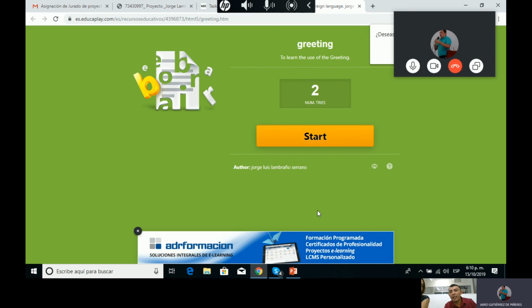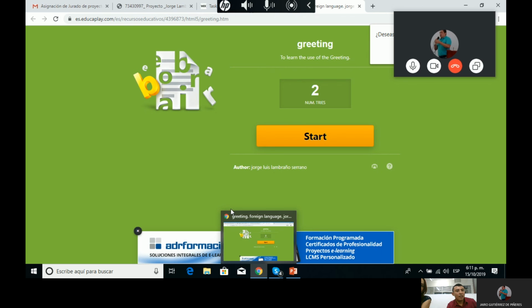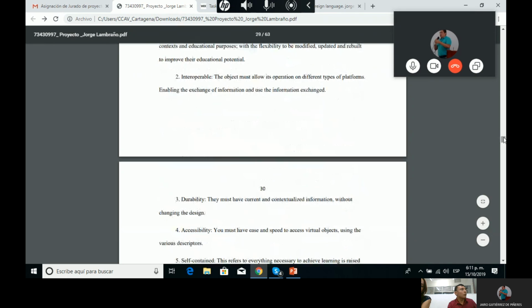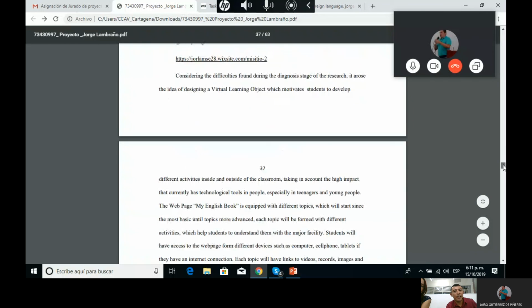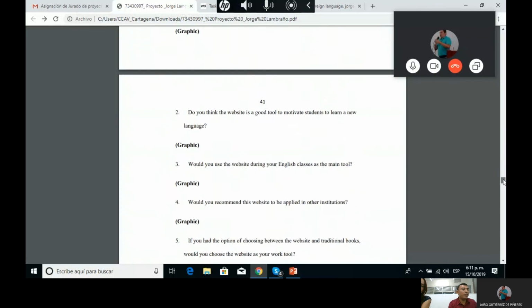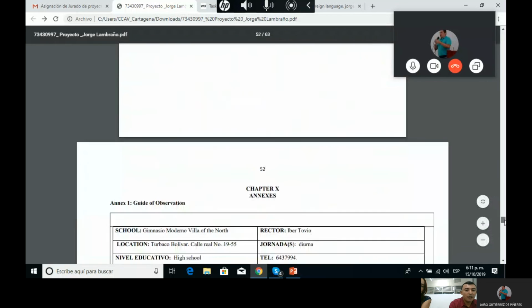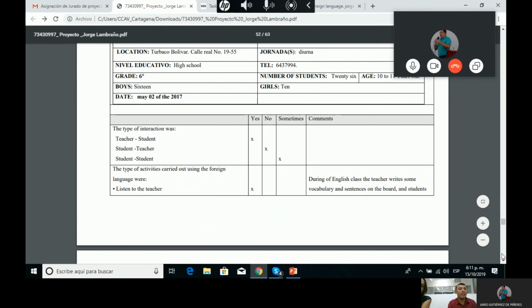Okay, I observed the English teacher uses books. He spends most of the time writing English on the board. The students in the English classes are translating. So there is no participation between students and teachers because they are not motivated in the English class.